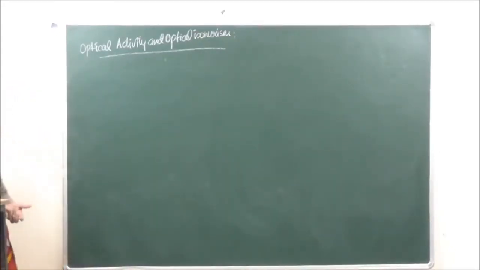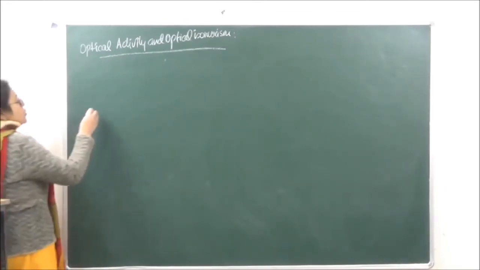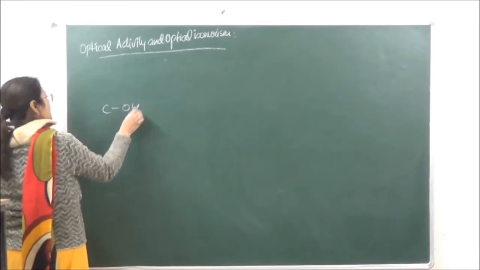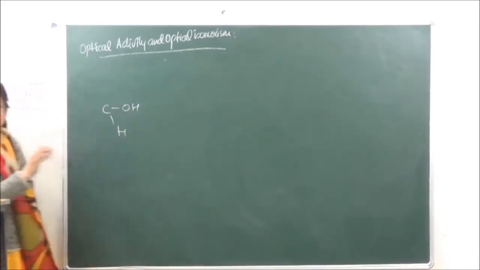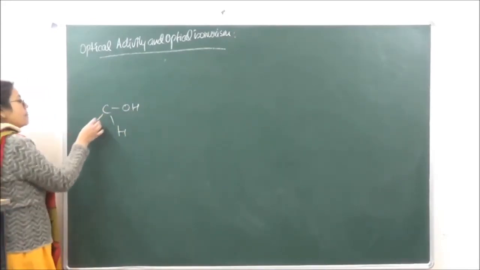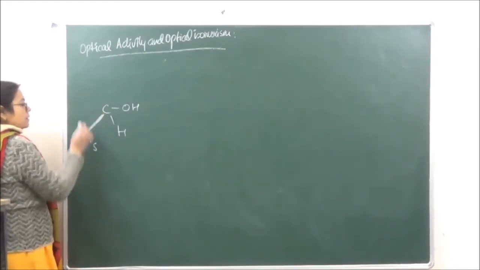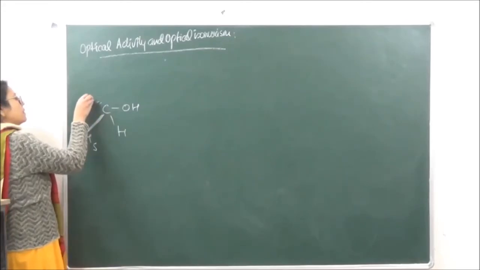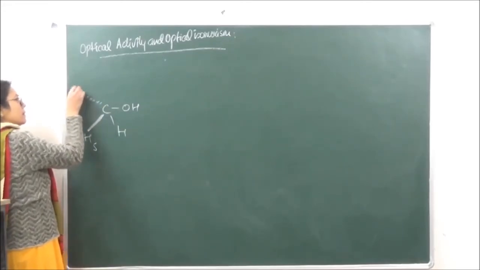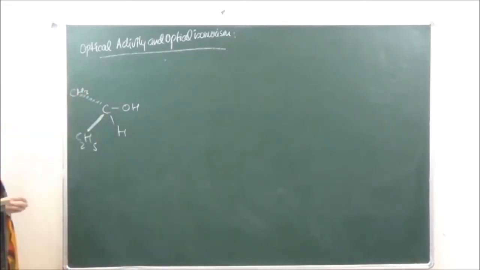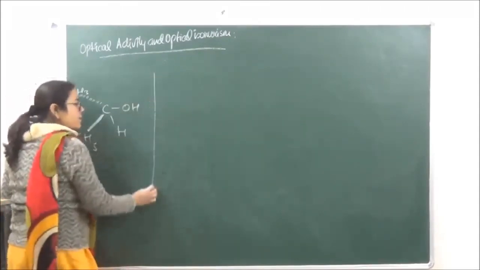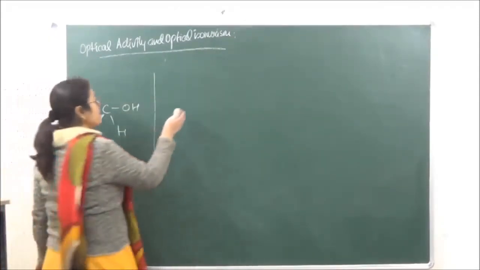We are taking an example of a chiral molecule which is butane 2-ol. So butane 2-ol may be represented as CH3. Now let's place a mirror. Let's see the image of this.